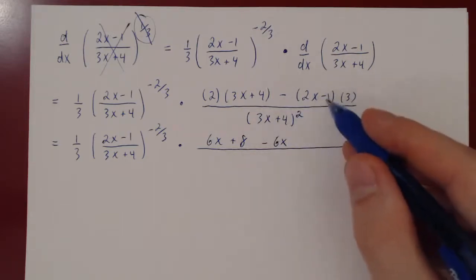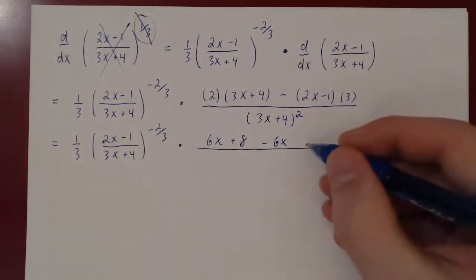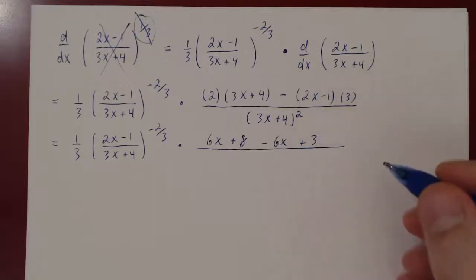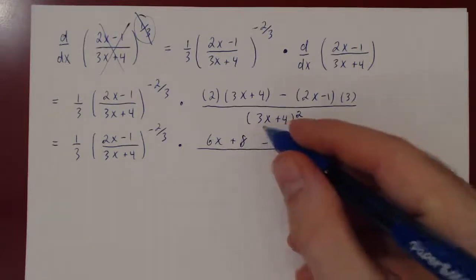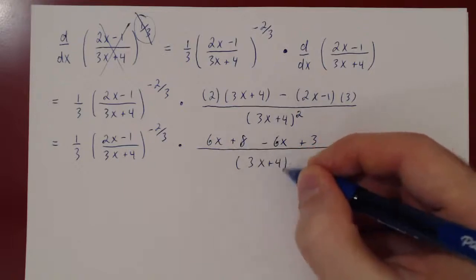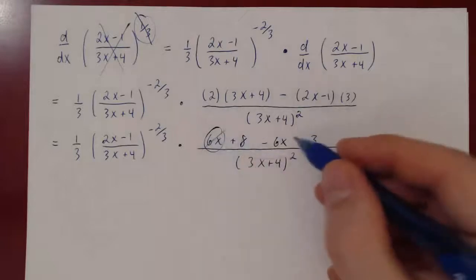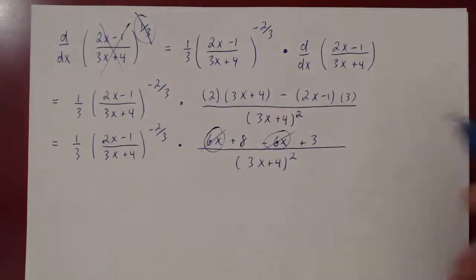Negative 1 times negative 3 is positive 3. Over 3x plus 4 squared. So what happens on top? Well, the 6x minus 6x cancels, and we're left with 8 plus 3, 11.